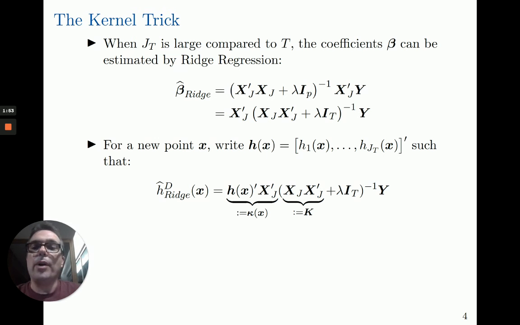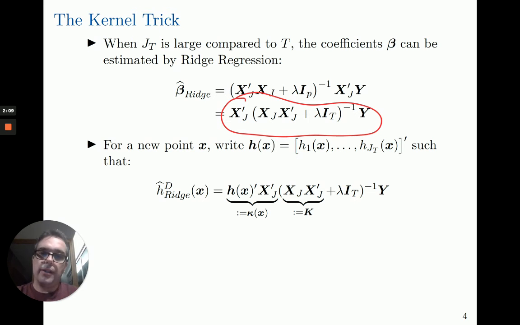Now consider a new point x and the nonlinear transformation of this point, h of x. We can write the ridge fit for this new point using this expression for the beta ridge. That will be h of x transpose times H transpose times the remaining term. We are going to call this H H transpose a kernel matrix, and this h of x transpose H transpose the kernel vector.